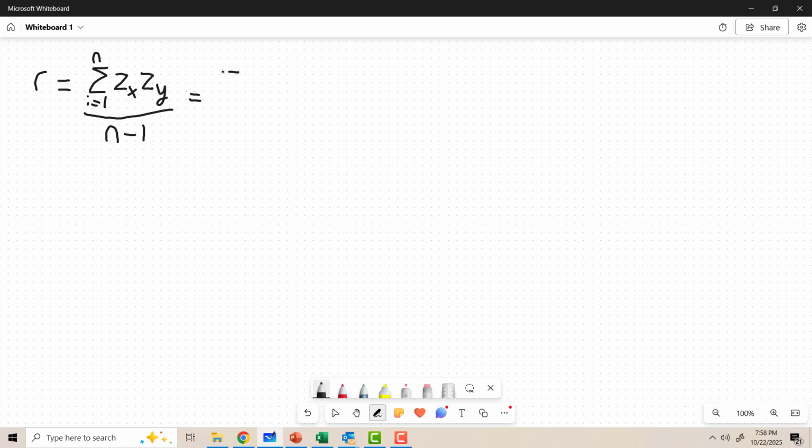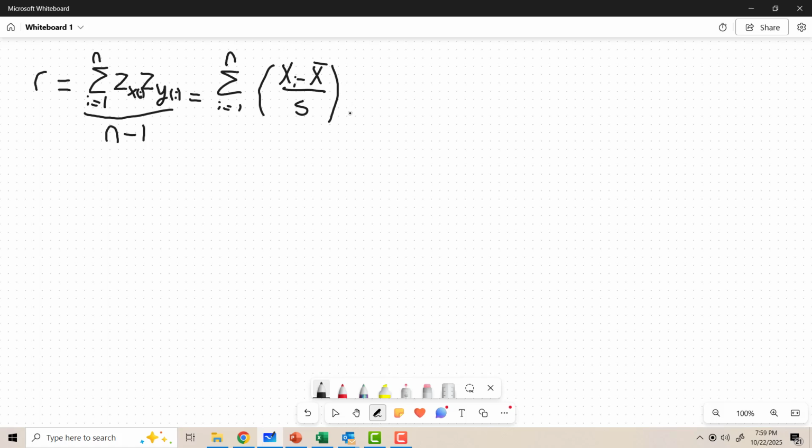That's going to be the sum from i equals 1 to n of x minus x bar divided by S, and as we're doing i, we really should put the i in. So z x i, z y i.